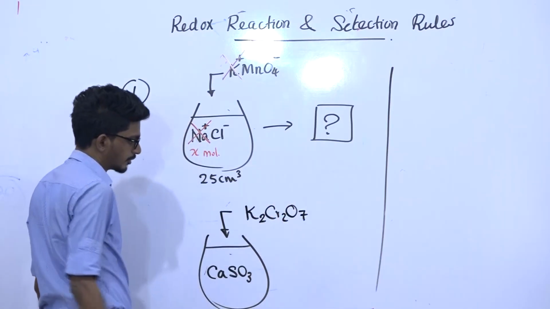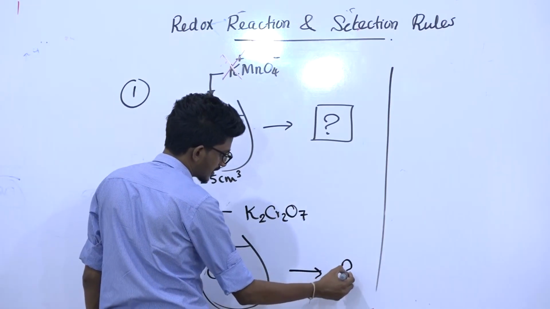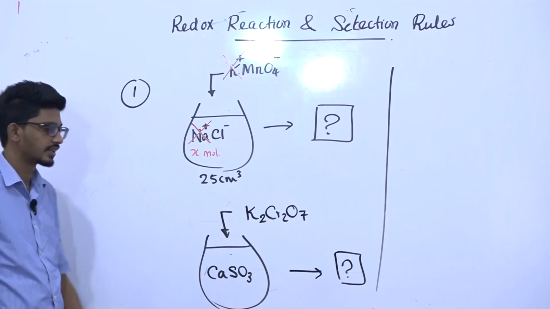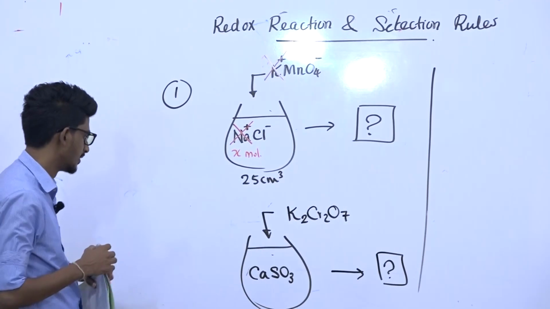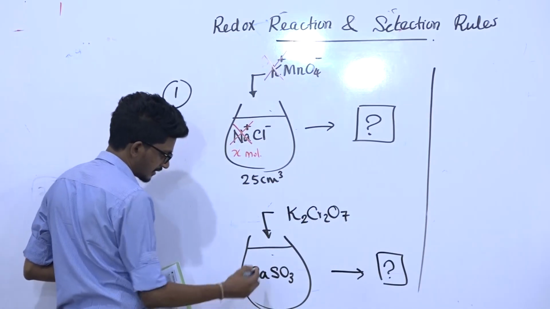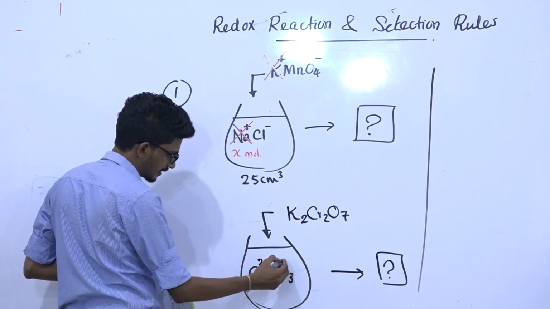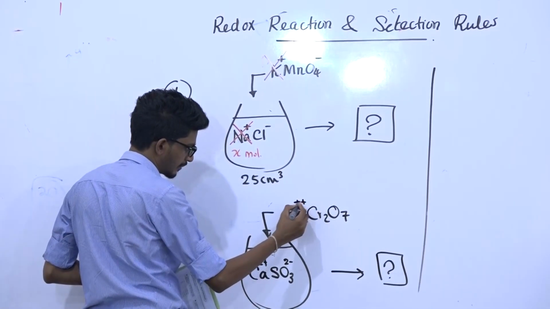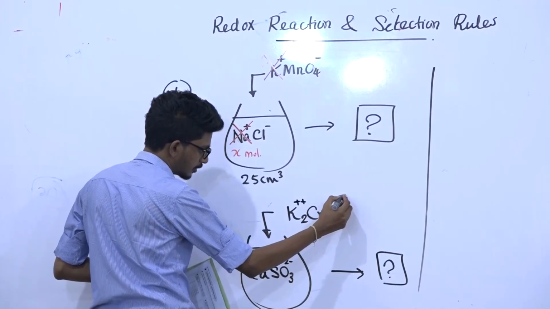You are supposed to come up with the redox reaction here, which species are to react. Again I am telling you, first think of the ions here. This has Ca2 plus and SO3 2 minus, and here you have 2 K plus ions and Cr2O7 2 minus.